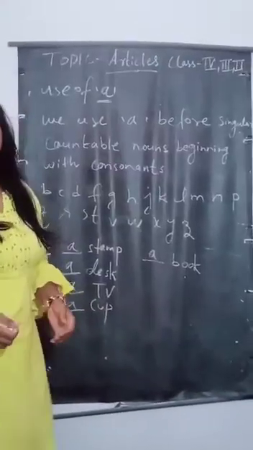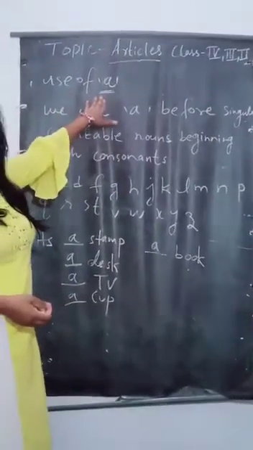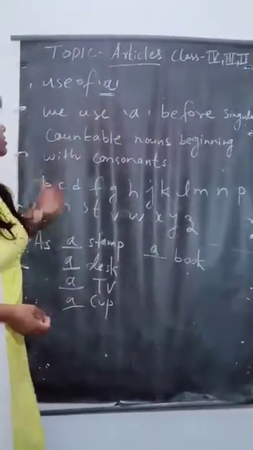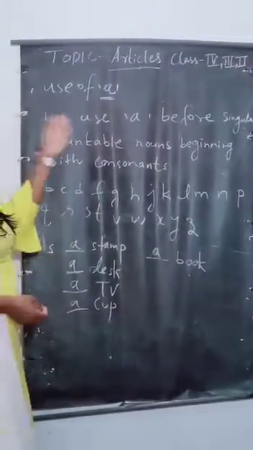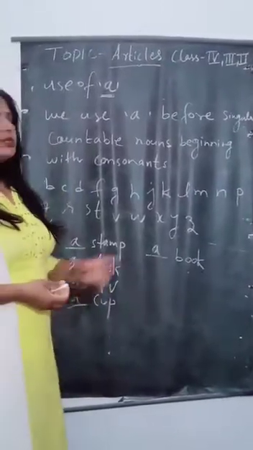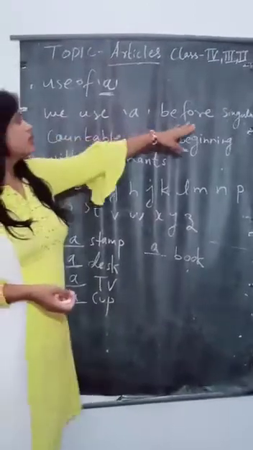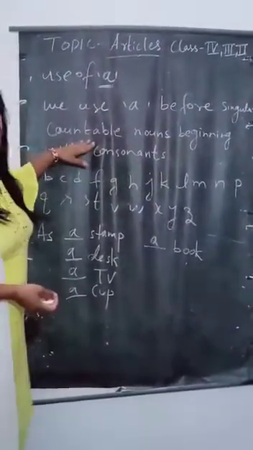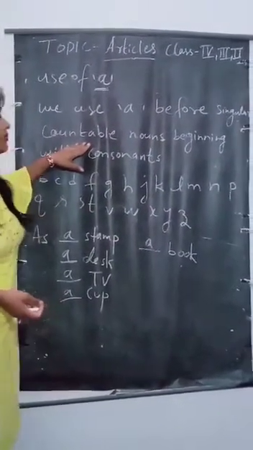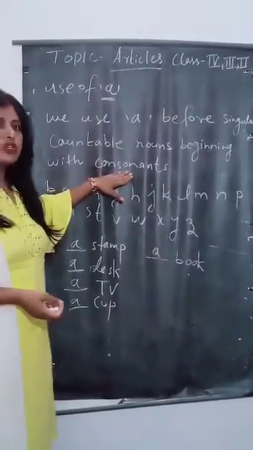So students, let's see the use of article A. Now where is article A used? It is used before consonants. We use A before singular countable nouns beginning with a consonant sound.